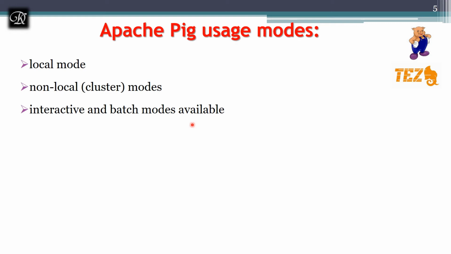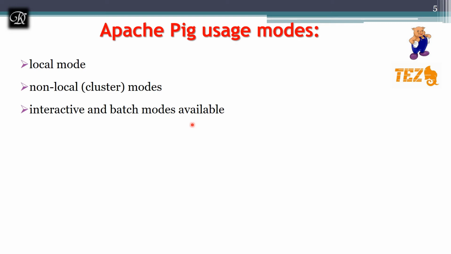These modes execute the job on the cluster using either the MapReduce engine or the optimized Tez engine. They enable the Pig application to be developed locally in interactive mode using a small amount of data and then run at scale on a cluster in production mode.